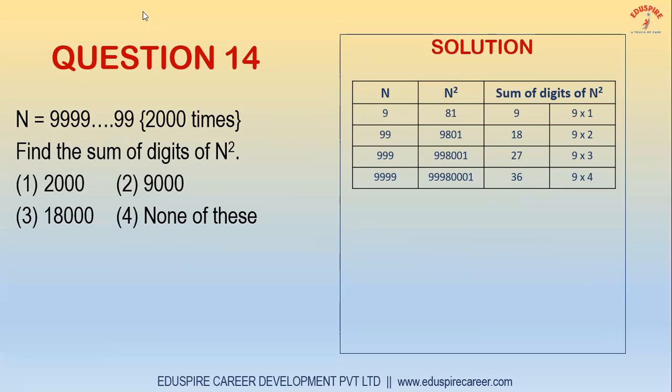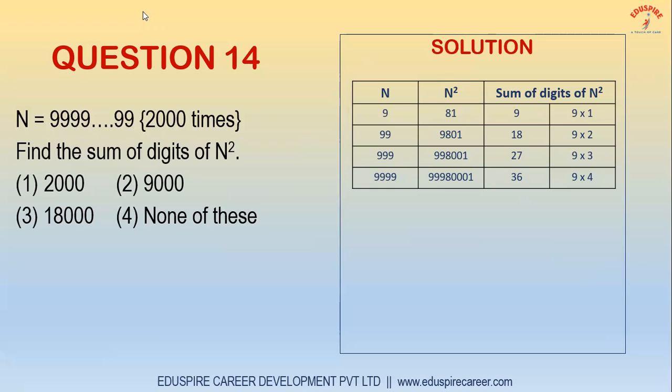So if I follow this pattern between n and the sum of the digits of n square, I see that the sum of the digits of n square is 9 into the number of times I have 9 in n. For example, in 99 we have two nines and the sum of digits of n square is 9 into 2.